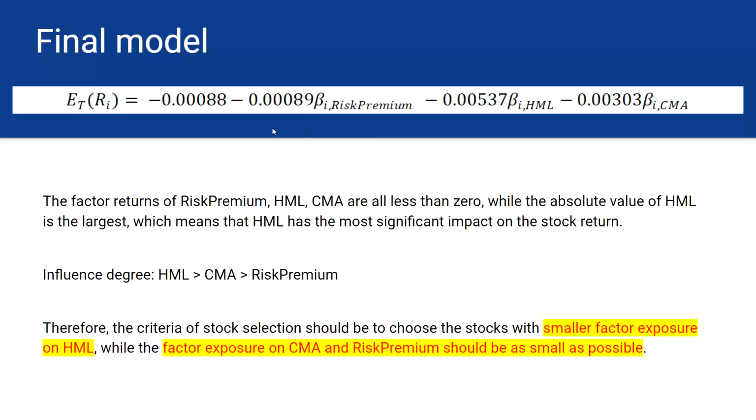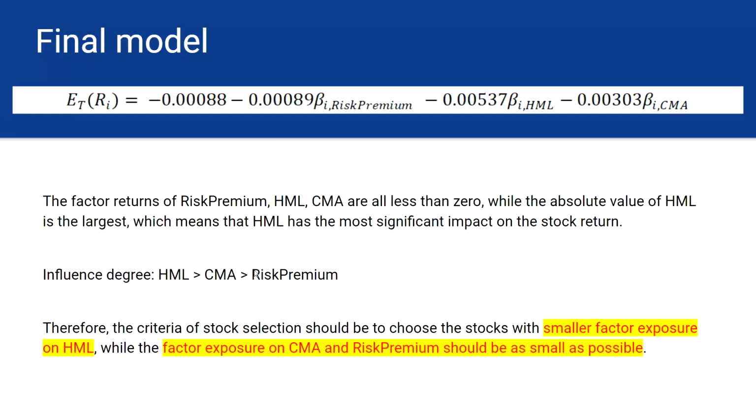So this is our final model. And the factor returns of risk premium, HML, and CMA are all less than 0. The absolute value of HML is the largest, which means that it has the most significant impact on the stock return.